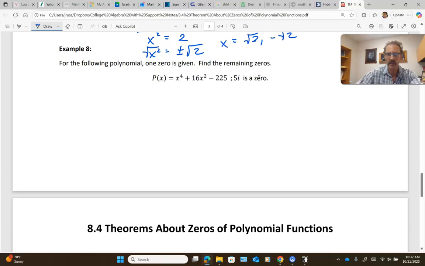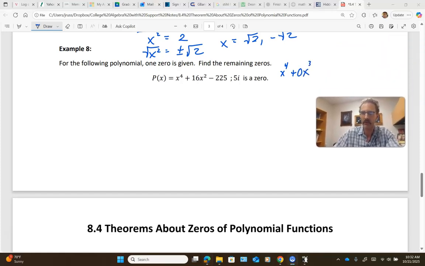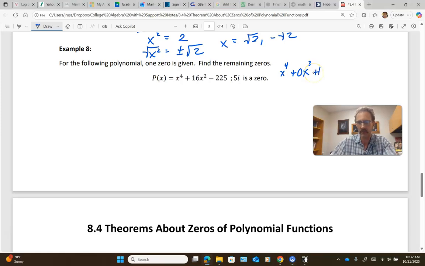But the first thing I want to point out is that this polynomial is in descending order, but it's got some missing terms in it. So if you recall, we need to give those missing terms coefficients of 0 the way I've done here.